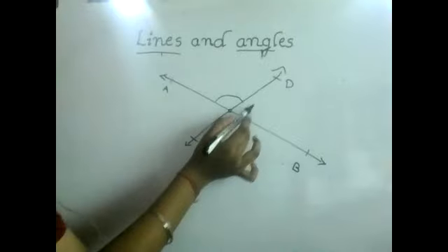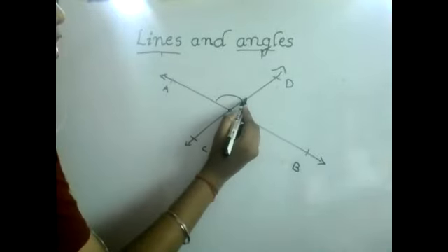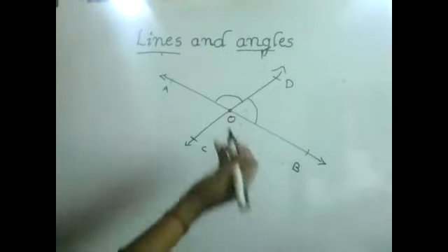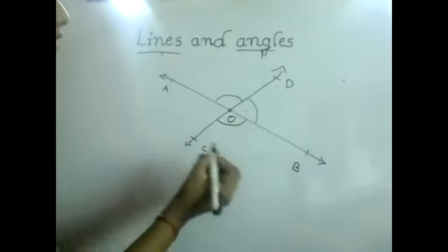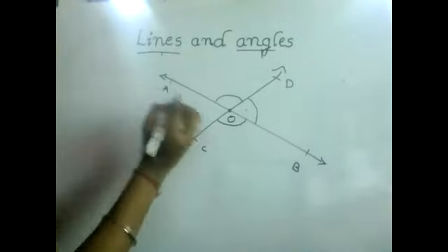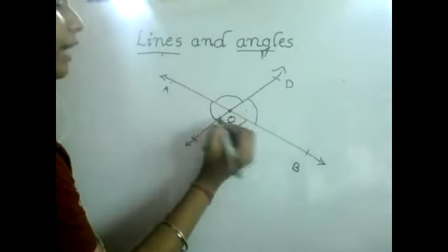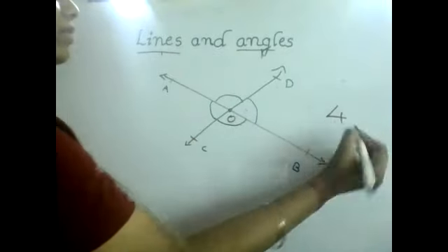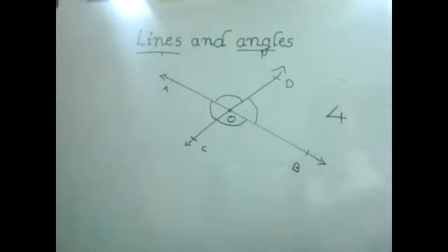OB, OD are two rays again, and this is another angle. OB, OC are again two rays, so this will also form an angle. OC and OA are another two rays, and this will also form an angle. So how many angles will be formed? Four angles will be formed if two lines intersect each other.